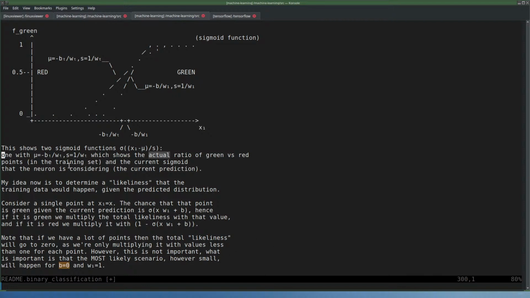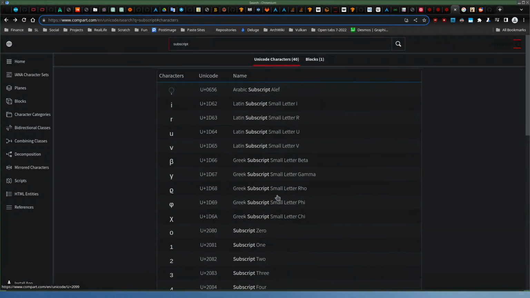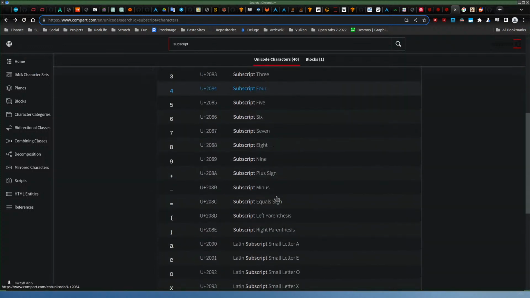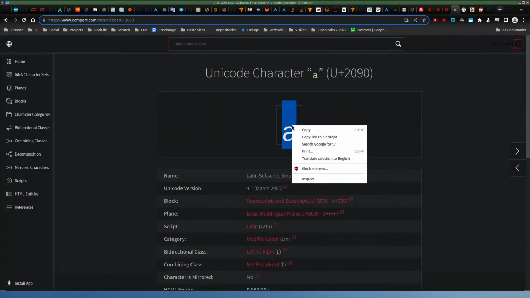It's a target in the sense that you want to change this W1 and B until you reach that. But it might still be confusing. Do I have a subscript A? Oh, I do. Well, okay, let's use A then. I don't know.